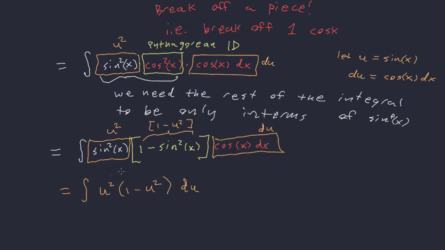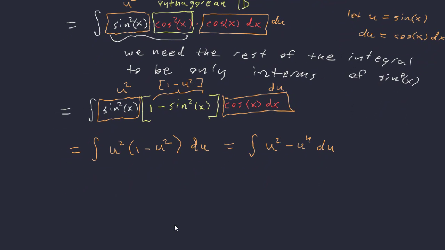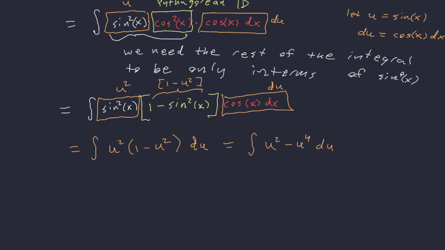So now I'm going to distribute this u squared to get the integral of u squared minus u to the 4th du, and now we can integrate. The integral of u squared is 1/3 u cubed. The integral of u to the 4th is 1/5 u to the 5th, and we'll get our plus c.